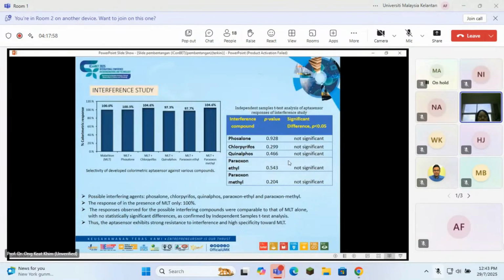From this p-value, you see that it's higher than 0.05, meaning that the response after adding other pesticides is not significantly different from the one with MLT only. So from this result, I can say that the aptamer sensor shows strong resistance to interference and high specificity toward the MLT.